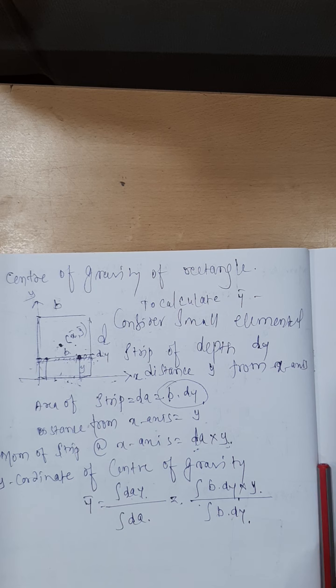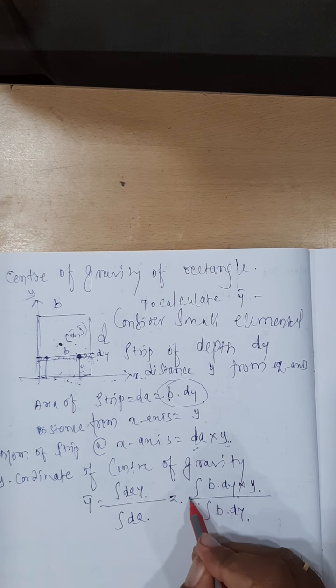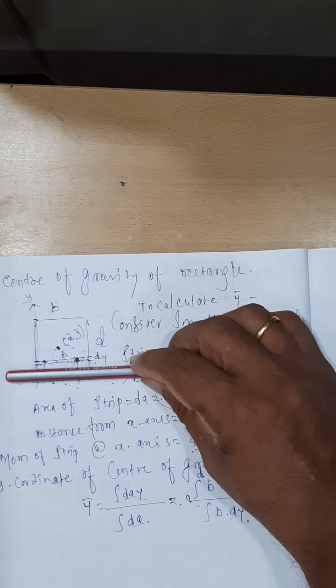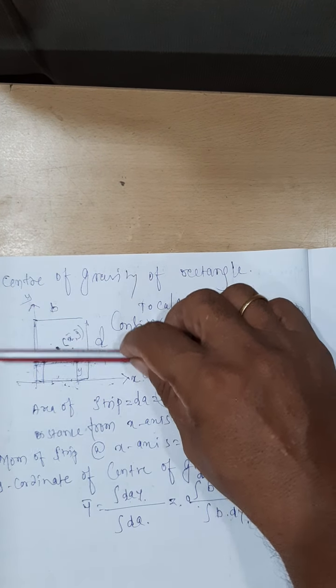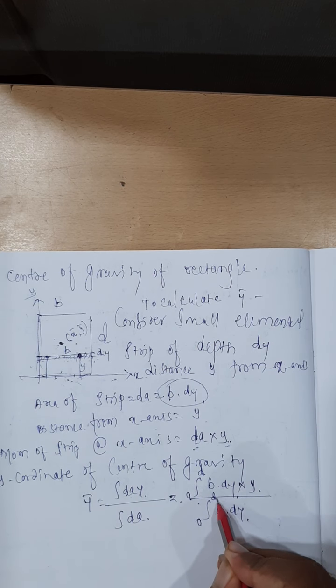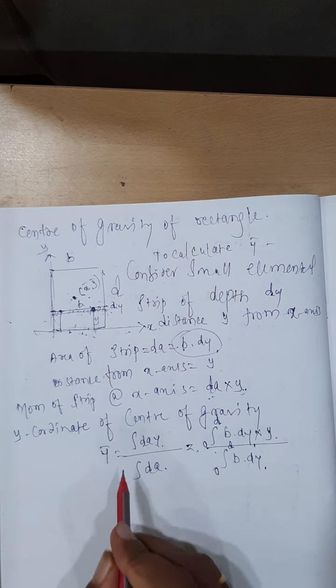Therefore, I need to integrate from limit 0 to d. Are you getting it? Like this the strip will move, from 0 to d. Now do the calculation for that.